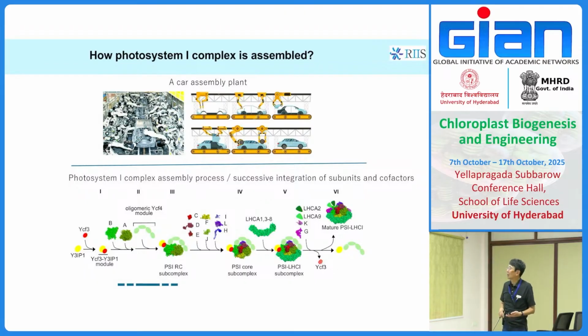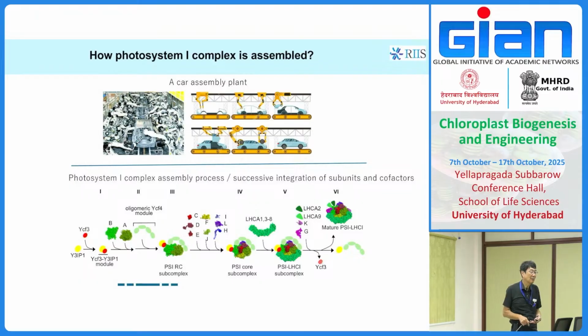We call them assembly factors. They are temporarily involved in this process, and when the mature PS1 complex is assembled, these factors disappear because we don't find them. So to understand how the PS1 complex is assembled, we want to know these assembly steps, and also we want to find assembly factors.